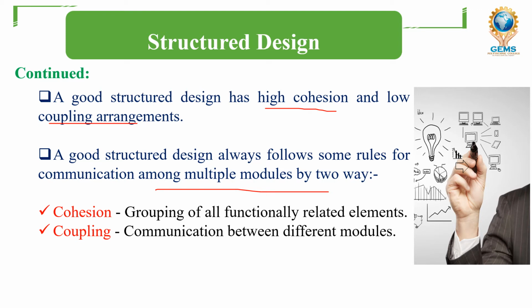So cohesion means grouping of all functionally related elements, and coupling means communication between different modules. So these are the two concepts in structured design used for communication among multiple modules, cohesion and coupling.